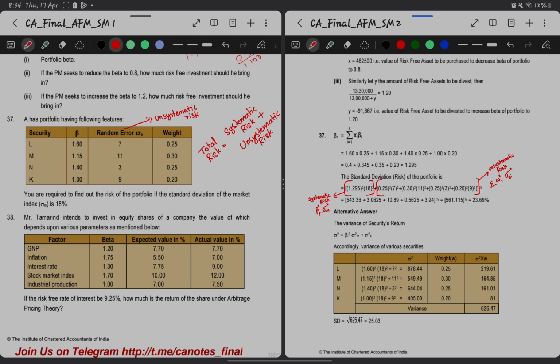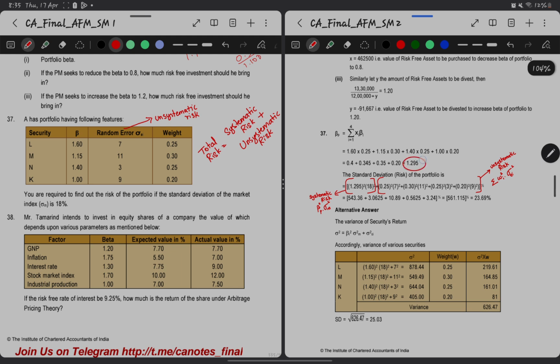As we know, the total risk consists of systematic risk and unsystematic risk, and systematic risk is nothing but beta of the portfolio squared multiplied by the variance of market return. We know the beta of the individual securities, so multiplying with the weights will give us the beta of the portfolio.